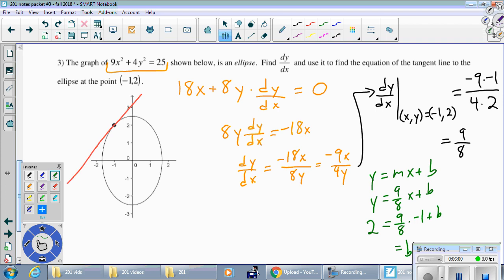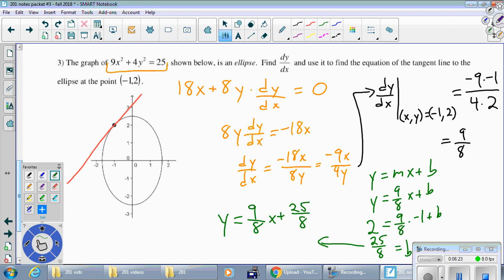So 9/8 plus 16/8 is 25/8. Okay, so that makes the final equation of our tangent line here. y equals 9/8 x plus 25/8.